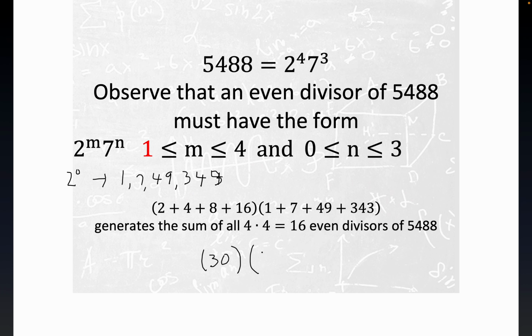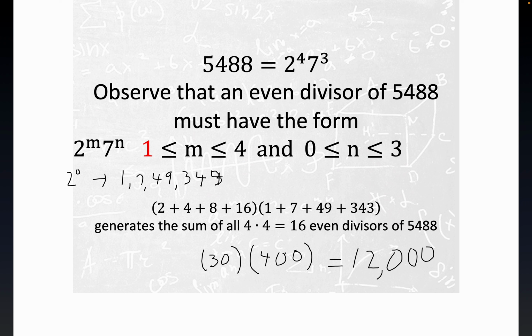And again, either one of these, we could have used the finite geometric series result, but no need to do that. I'll show it to you if you want. So the answer to this is 12,000. The even divisors of 5488 sum up to 12,000.